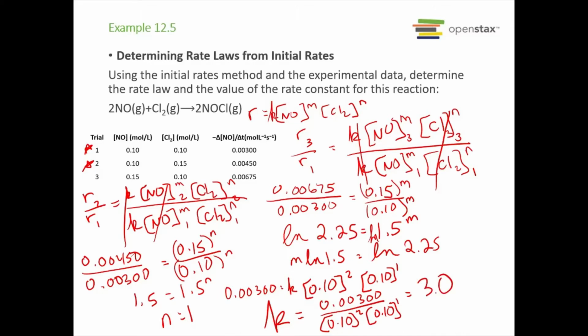So now let's look at the units for K. The rate is in units of moles per liter per second. So we have moles over liters times seconds, and that is being divided by moles per liter squared times another mole per liter.